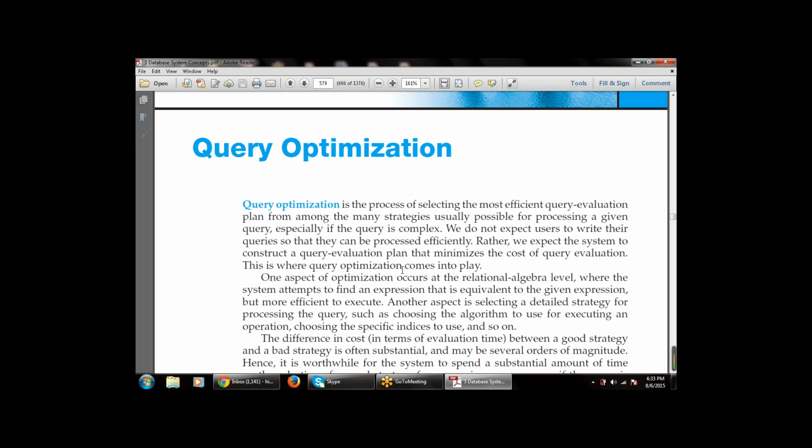One aspect of optimization occurs at the relational algebra level, where the system attempts to find an expression that is equivalent to the given expression but more efficient to execute.